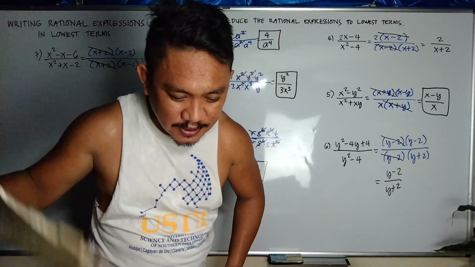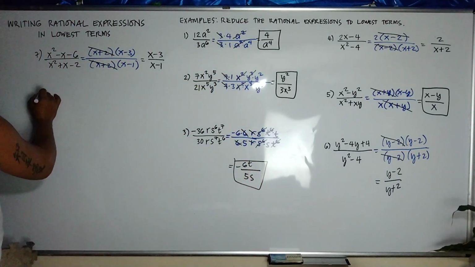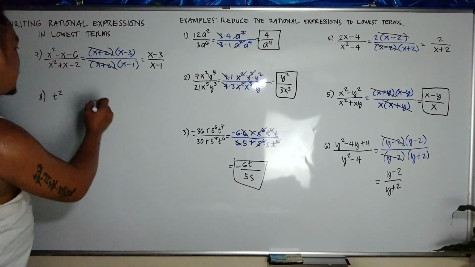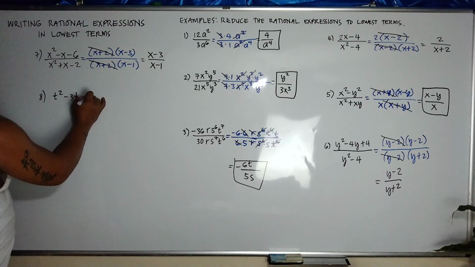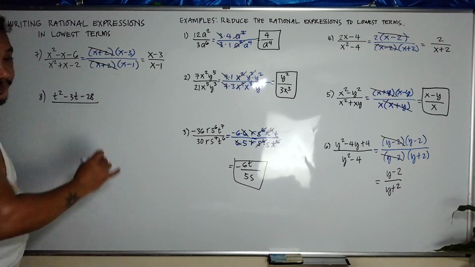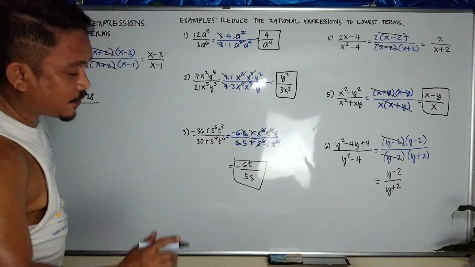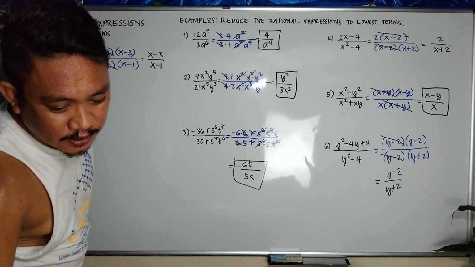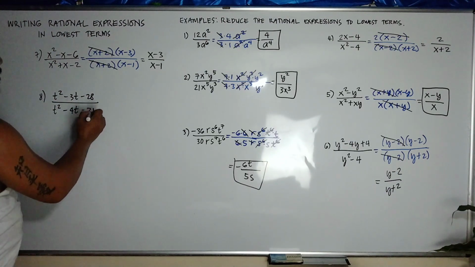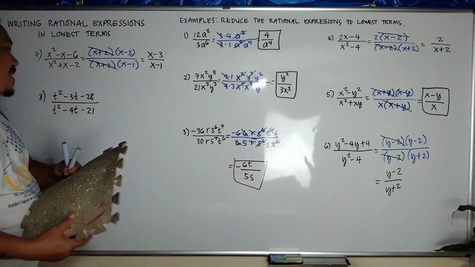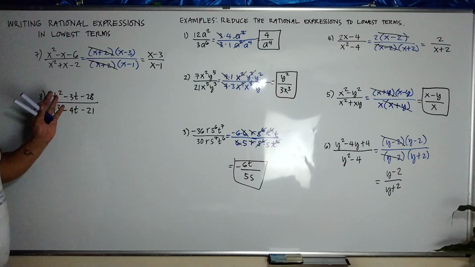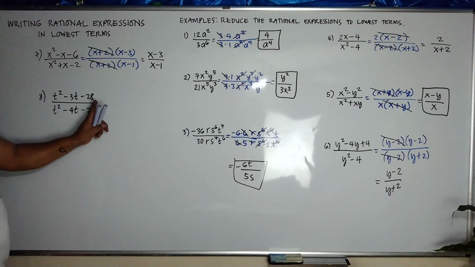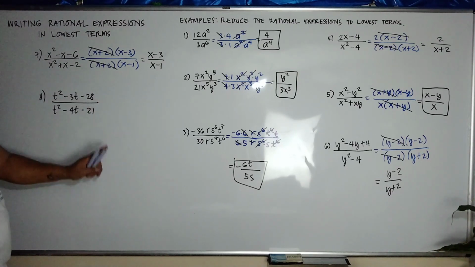You have example number 8: t squared minus 3t minus 28 over t squared minus 4t minus 21. Again, whenever there is a polynomial like this, you will use the trial and error method of factoring. Looking at the last term, negative 28.